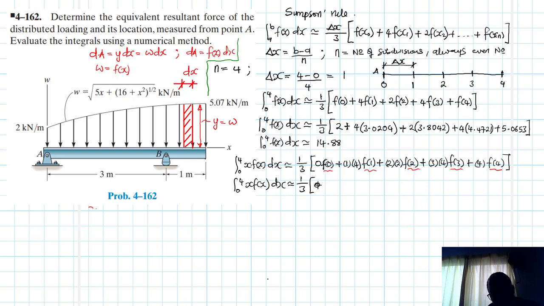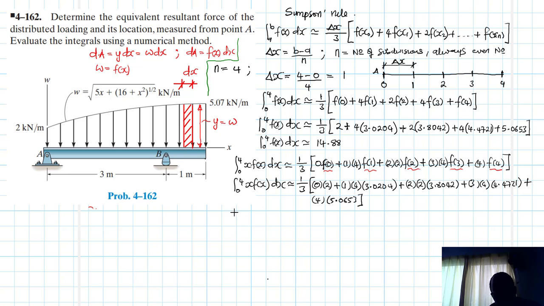So this will just be equal to 0 times 2 plus 1 times 4 times 3.0204 plus 2 times 3.8042 plus 3 by 4.4721, okay, plus 4 by 5.0653.